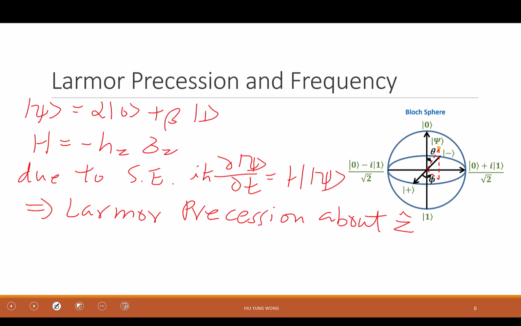When we have a Hamiltonian like this, negative hc sigma z, it doesn't matter where it comes from. It can be a magnetic field or whatever. But last time we said if you have this, we try to solve this equation, and then we show that it's going to precess about the z axis. And what happened?